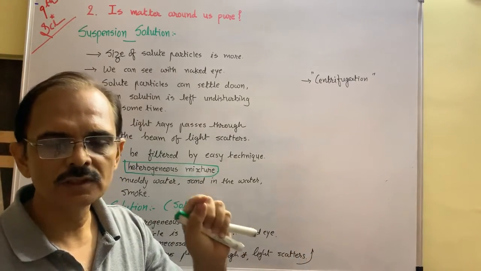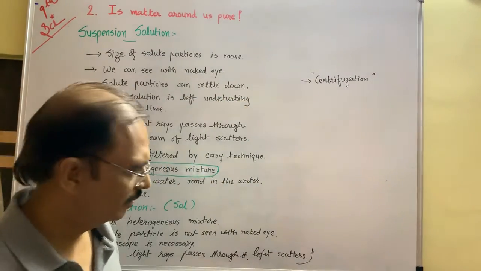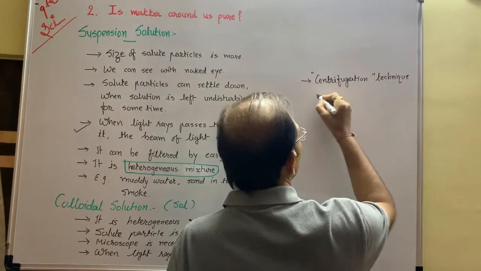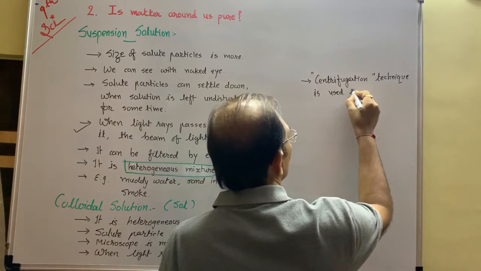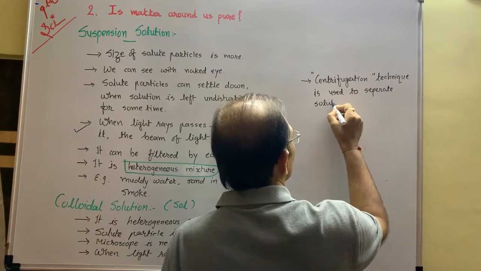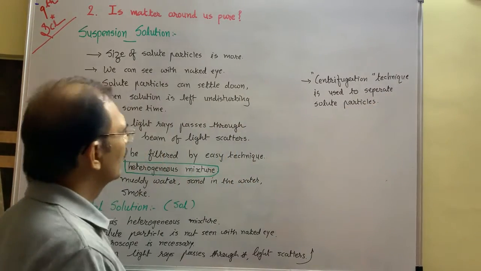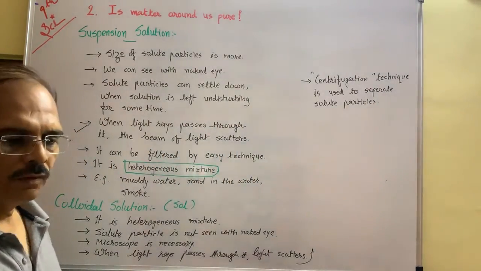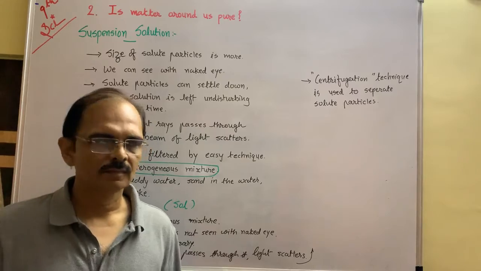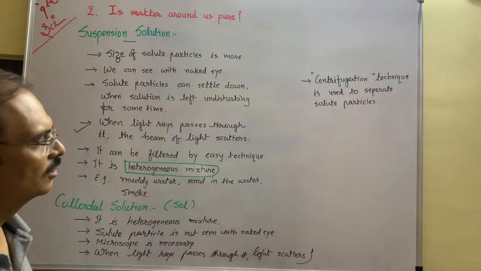If force acts towards the center, then it is called centripetal, and the opposite is centrifugal. So the centrifugation technique is used to separate solute particles, okay? If you leave it undisturbed for some time, the solute particles do not settle down. Here in suspension the solute particles settle down, but in the colloidal solution they do not settle.